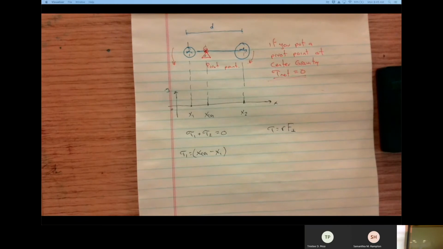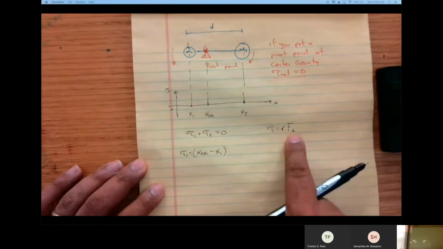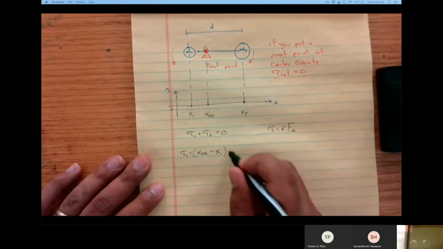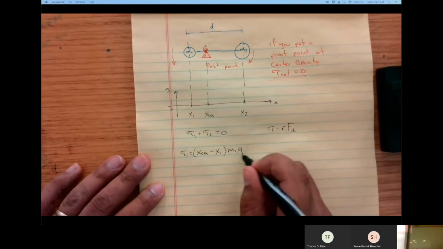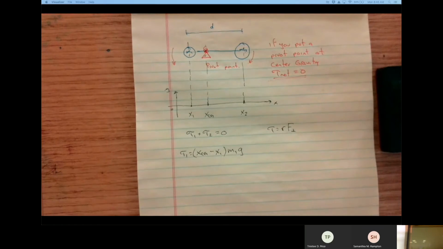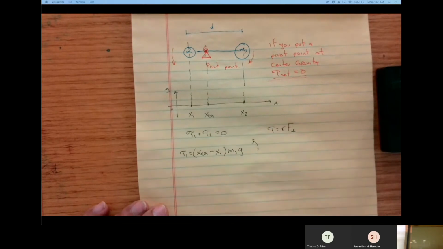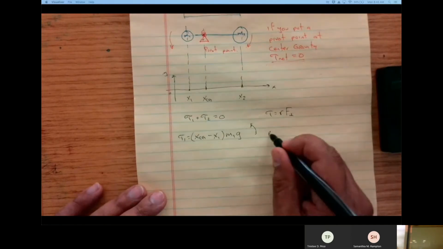And the perpendicular force is M1 times gravity. This is rotating counterclockwise, so it's going to be positive. So we're going to have a positive torque.